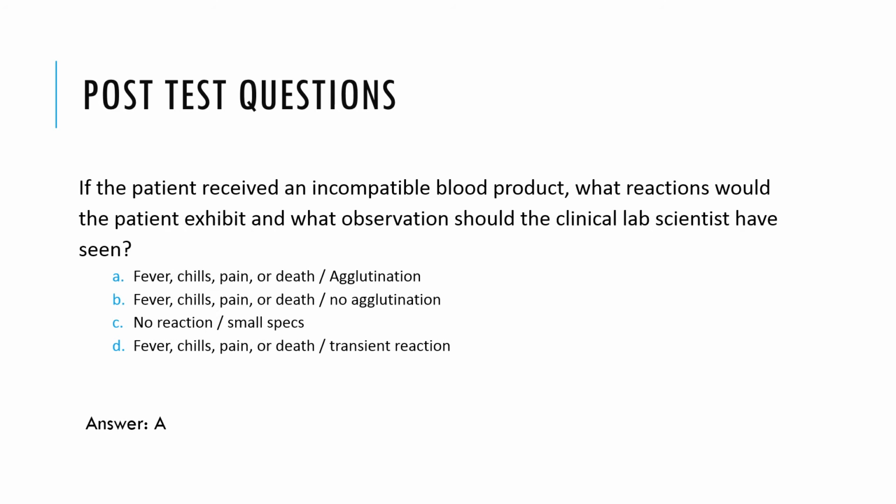The answer is A. It would be expected to see agglutination for all incompatible samples. And as mentioned previously, some of the key indicators of an incompatible blood type are fever, chills, and pain.